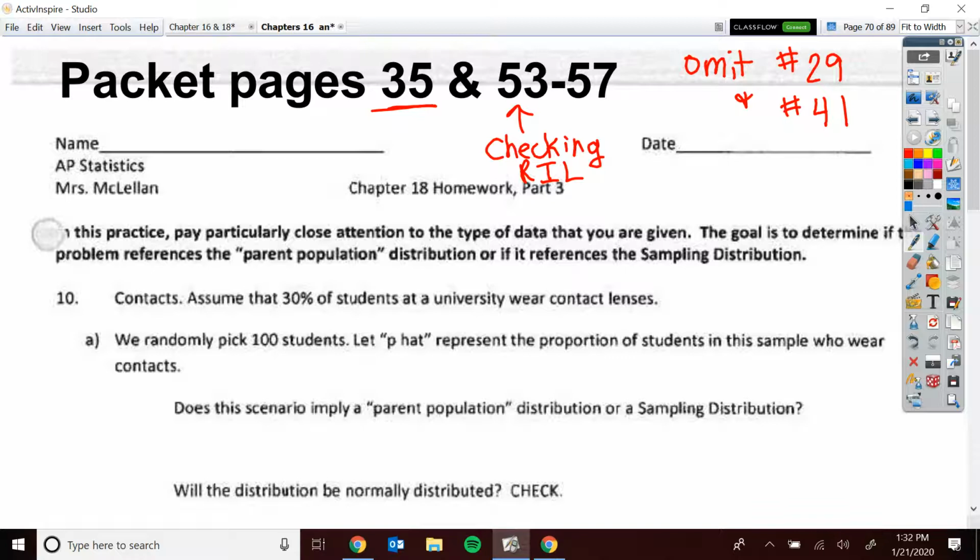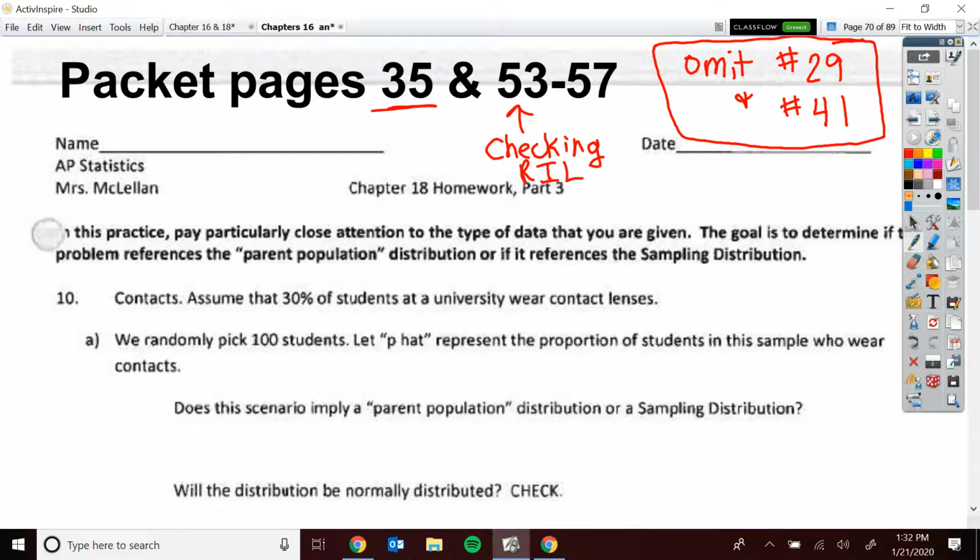So omit problem number 29, which is a half of a page, and problem number 41, which is another half of a page. So you're getting to omit basically one page out of that. The reason is that those have to do with stuff from chapter 16, and right now at this point we're not ready to pull that back yet.